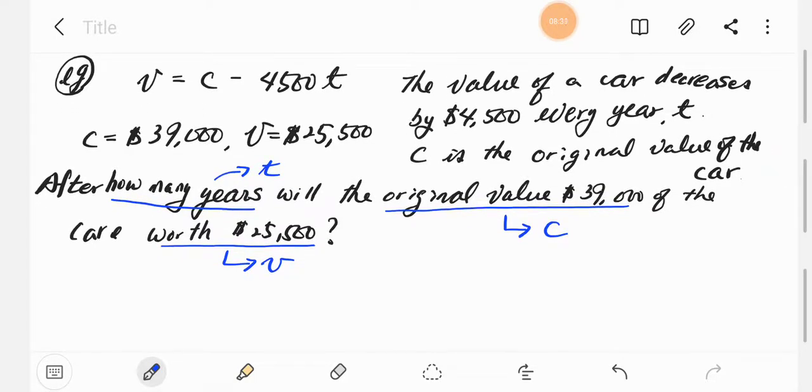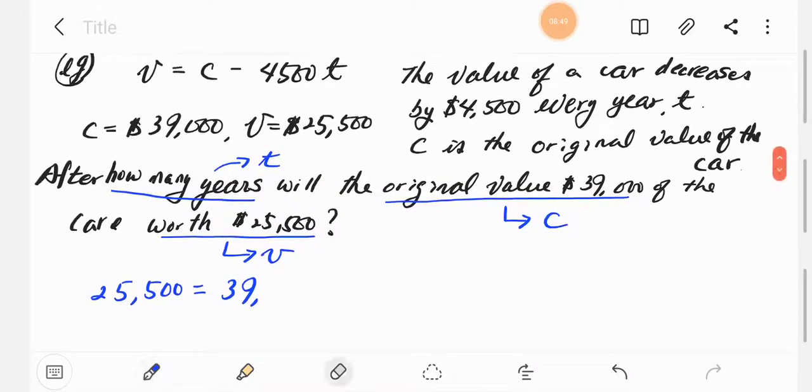V is 25,500. This is the value of the car after T years, and the original price of the car is $39,000. So let me write the equation first.